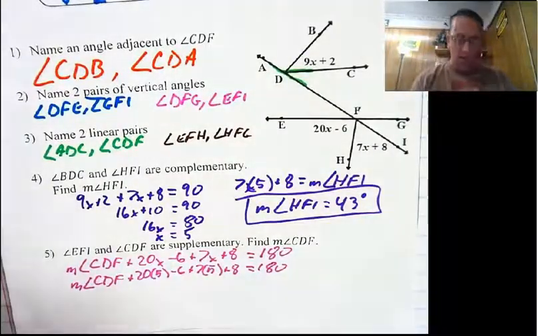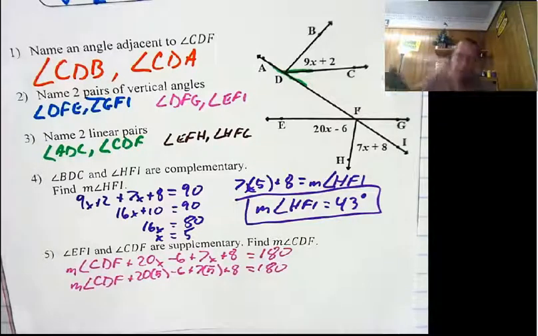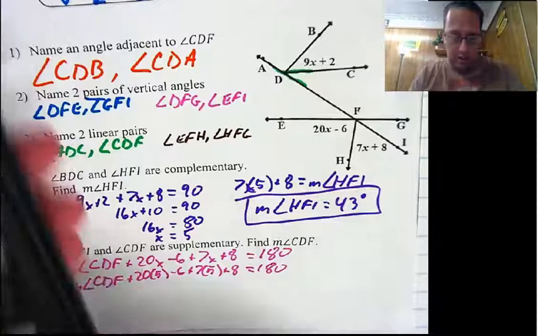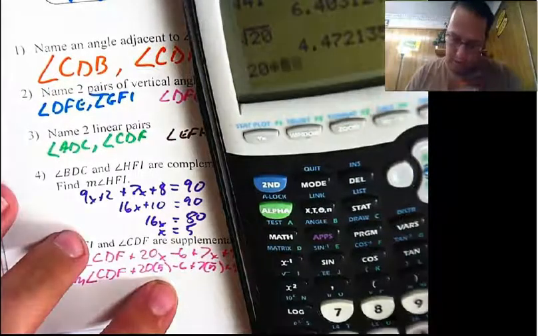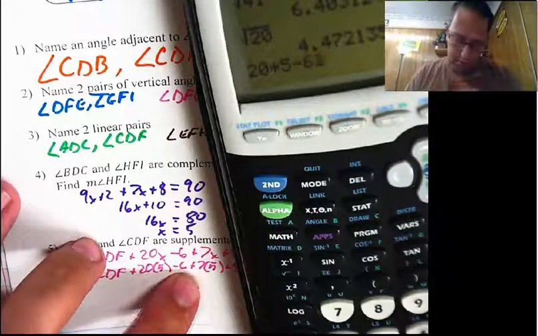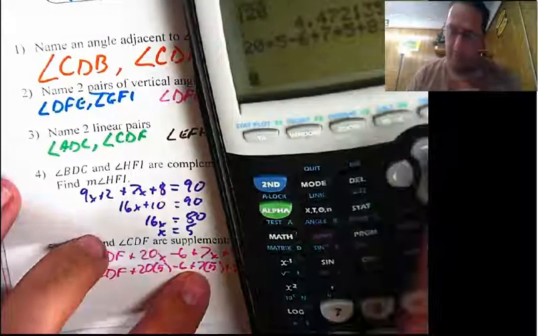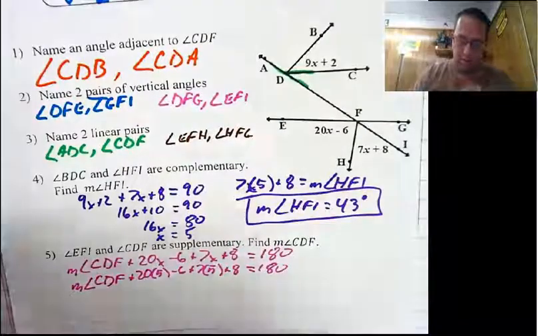All right, so now I need to combine my terms. Where's my calculator? There it is. We'll just do it like this, saves time. 20 times 5 minus 6 plus 7 times 5 plus 8, which is 137.